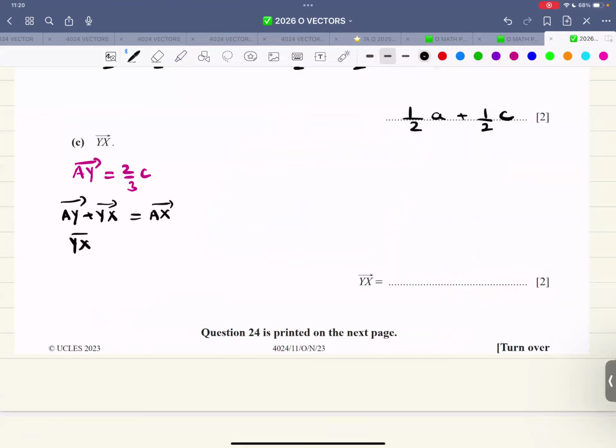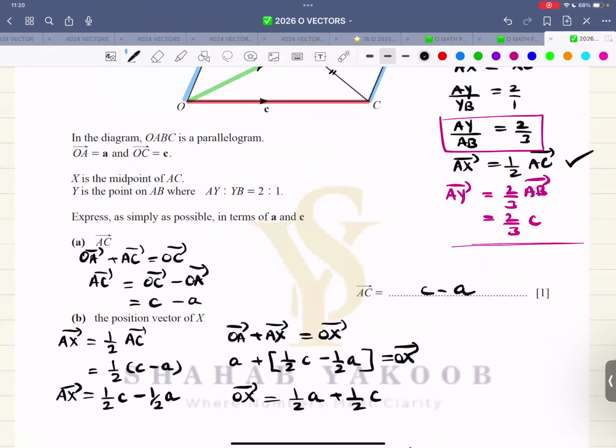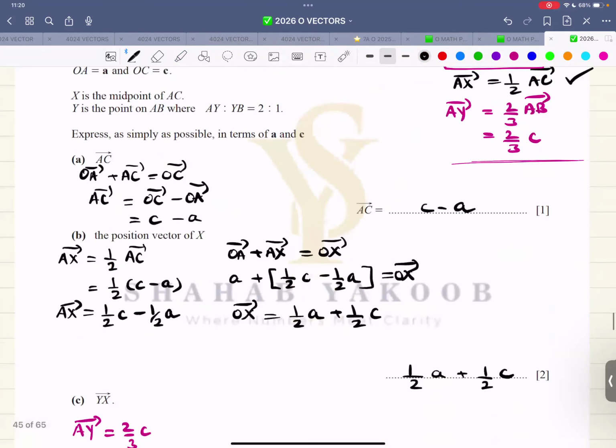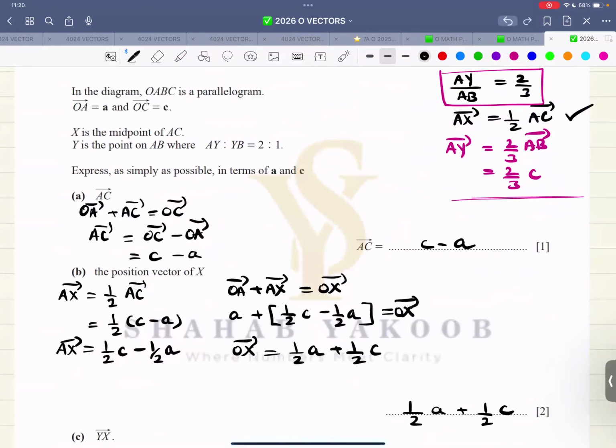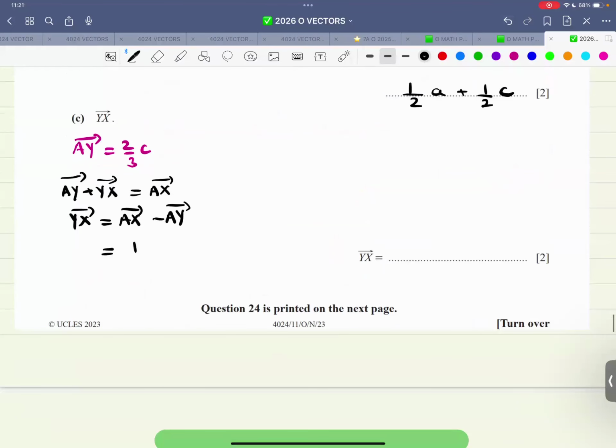Make YX the subject, that is AX minus AY. What is AX? AX is over here, half of AC, and AX is also over here, my bad. That is this thing, half C minus half A.